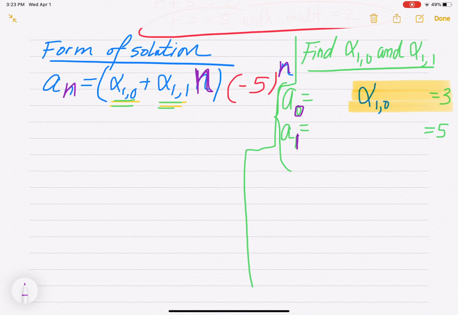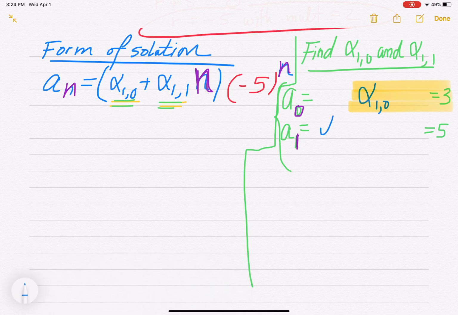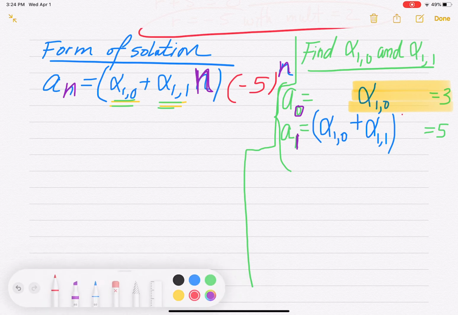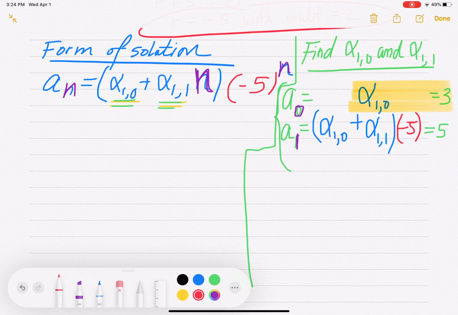When I do that, I'm going to have alpha_{1,0} plus alpha_{1,1}, because I'm plugging in a 1 for n, with parentheses around that, multiplied by negative 5. Yeah, because we had negative 5 to the 1 power, and we're plugging in that 1 for n.